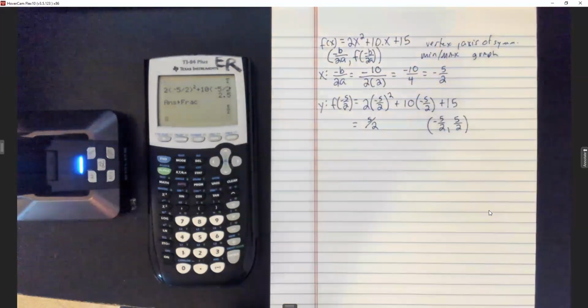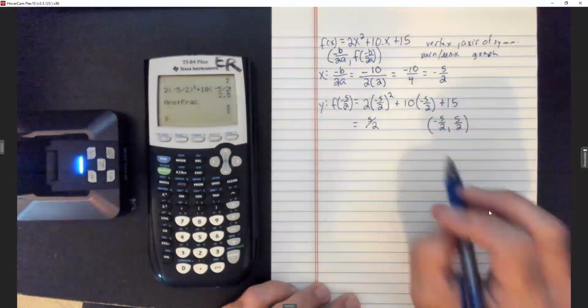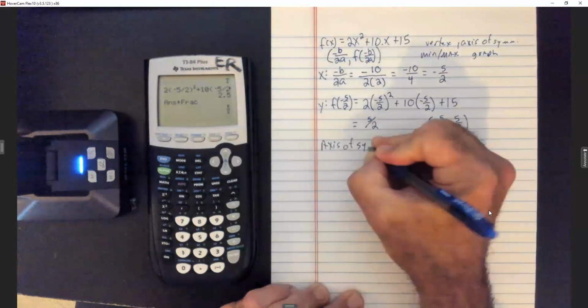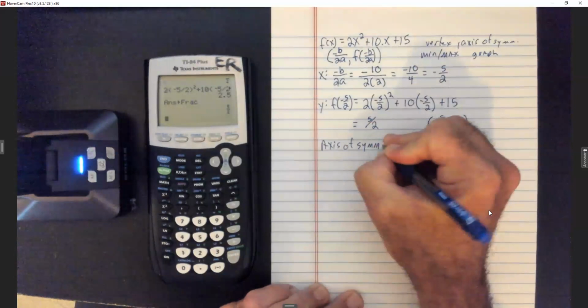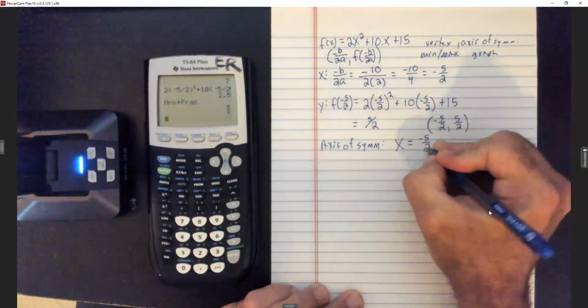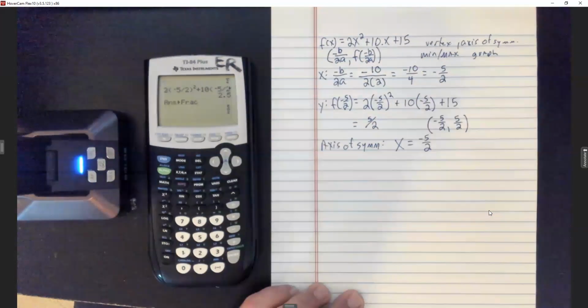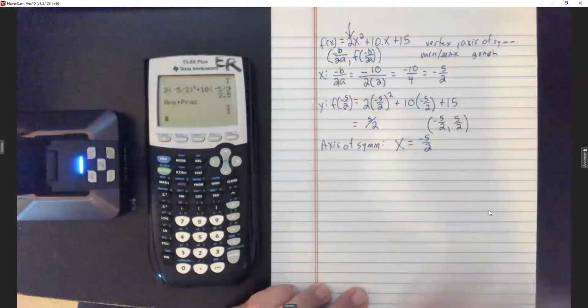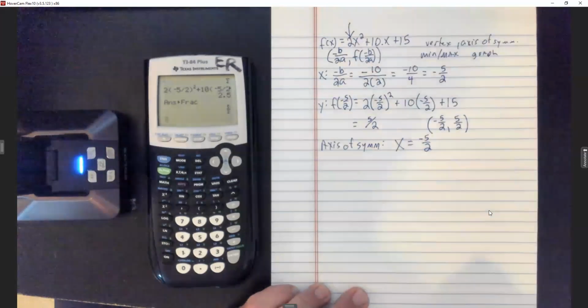So then my axis of symmetry is equal to the x value. So my axis of symmetry will be x equals negative 5/2. Now I got to figure out if I got a min or max. Remember, if that first number is positive, you got a minimum.